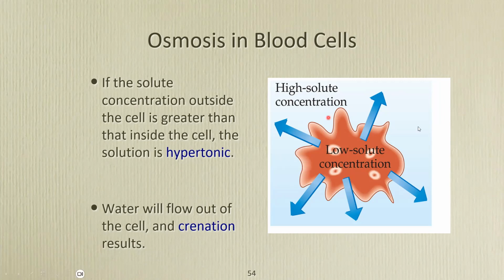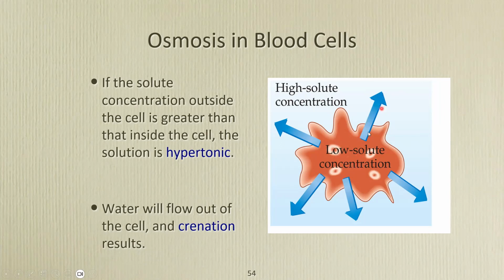So if we think about it in this case, we've got a high solute concentration solution outside of the blood cell, meaning we've got a lower concentration on the inside. That means, thinking about the concentration, we've got a higher concentration of water inside the cell.